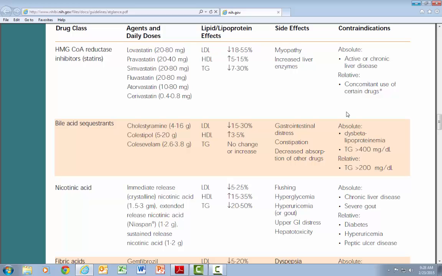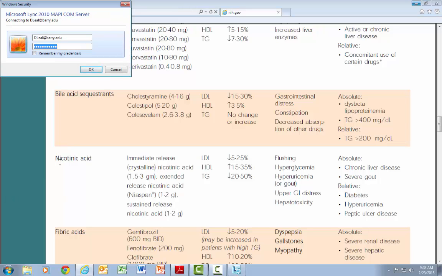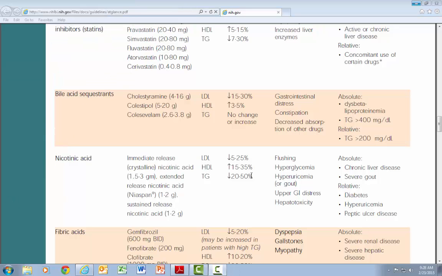In addition, renal problems, myopathies, as well as severe gout for nicotinic acid. And the problems with nicotinic acid are because of release of prostaglandin. And release of prostaglandin, remember, is a potent vasodilator that impedes autoregulation of the kidney and increases uric acid retention.